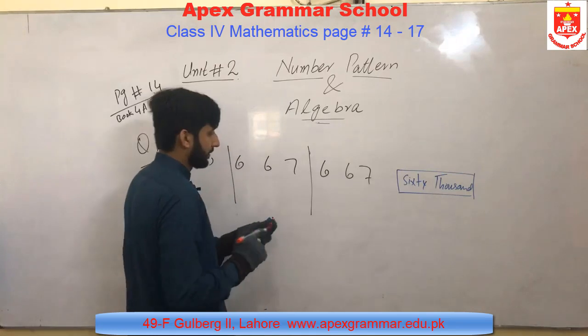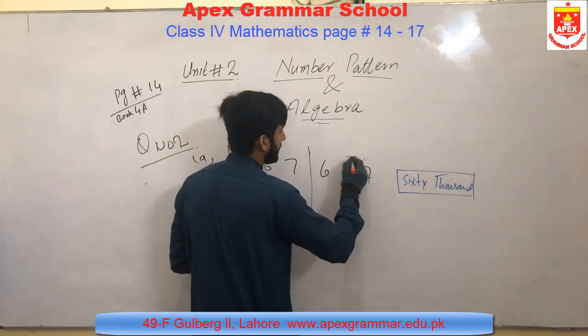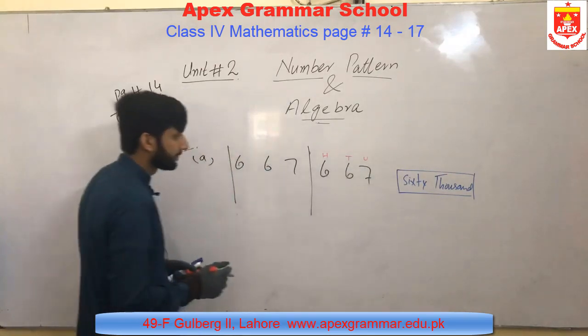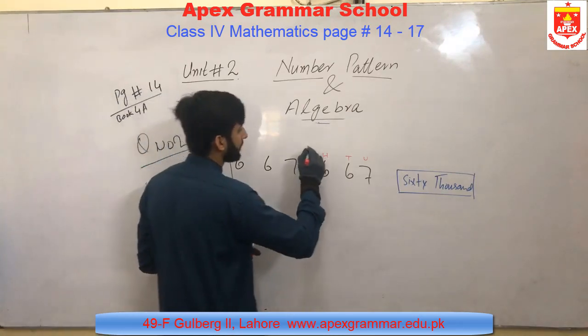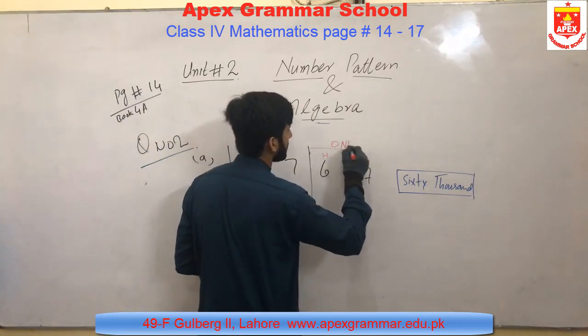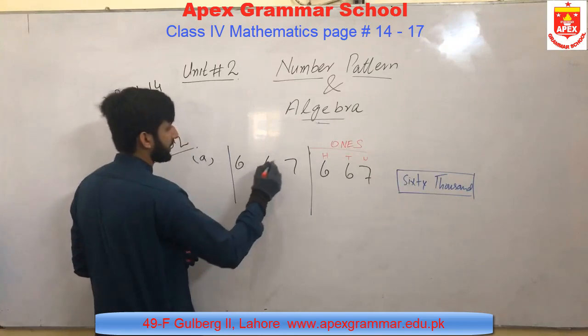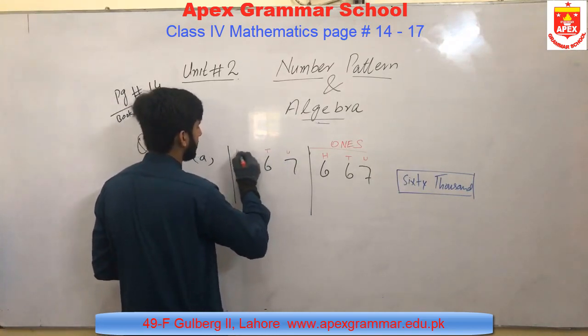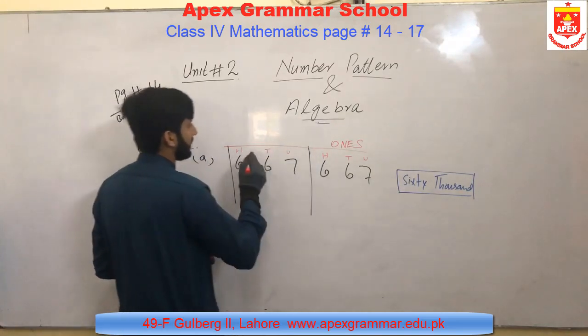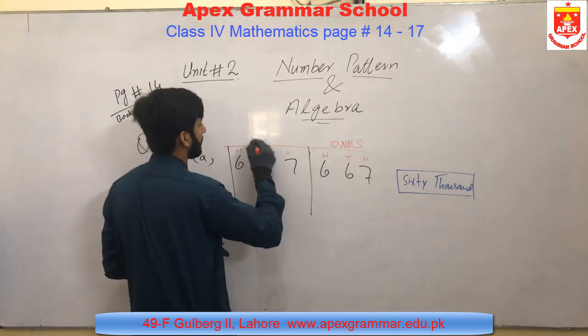Again, this is unit, 10, 100 for ones. This is unit, 10, 100 for thousands.